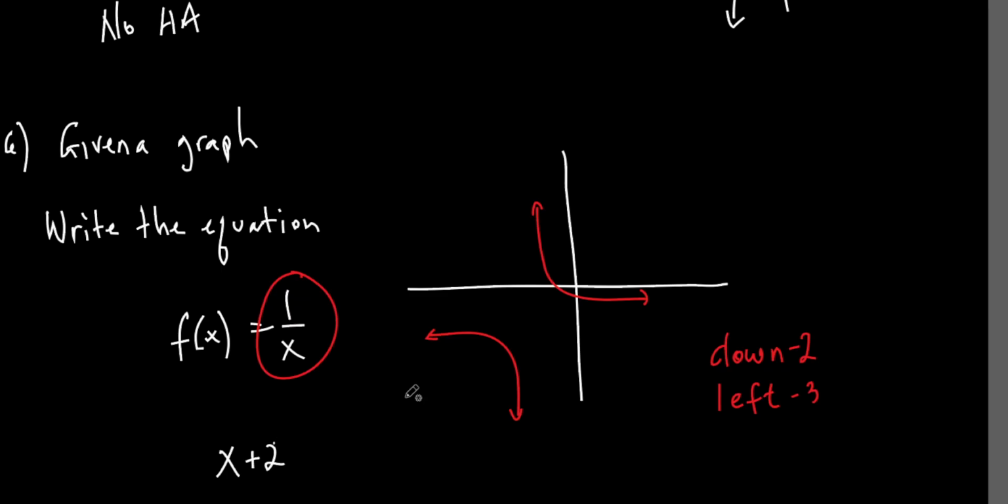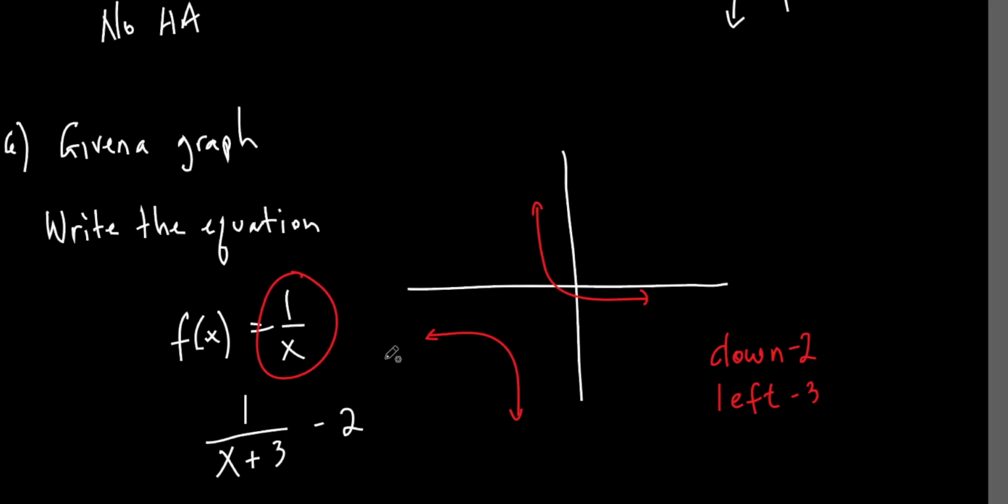Do you agree? Oh, I'm sorry, it's plus 3. I'll blame Angela, she said 2. I just figured she was right and I wrote it down. So it'd be x plus 3. Now you put that over 1. What does shifting it down do to it? It just puts a -2 out here.